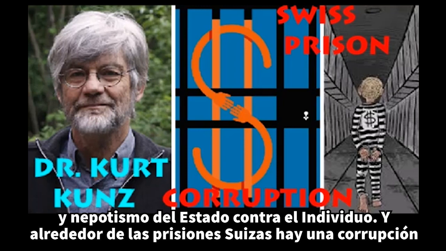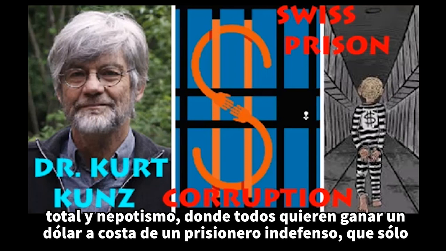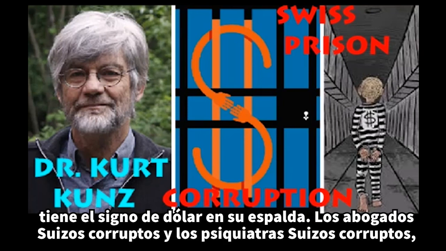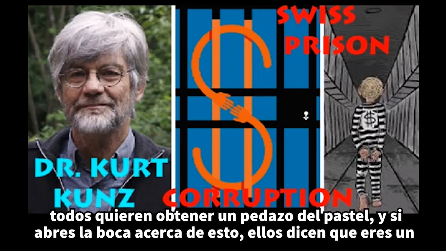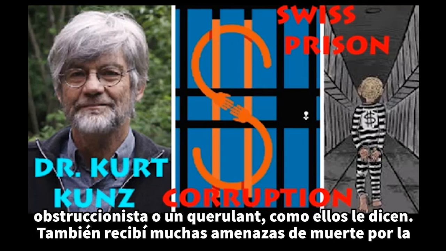And around the Swiss prisons, there's total corruption and nepotism, where all want to earn a buck on some defenseless prisoner who just has a dollar tag on his back. Corrupt Swiss lawyers and corrupt Swiss psychiatrists all want to get a piece of the cake. And if you open up your mouth about this, they say you're an obstructionist, or a querulant, as they say it.